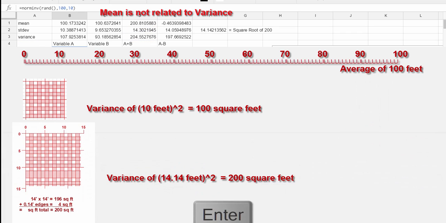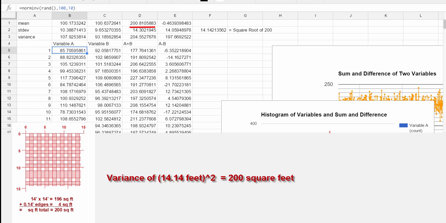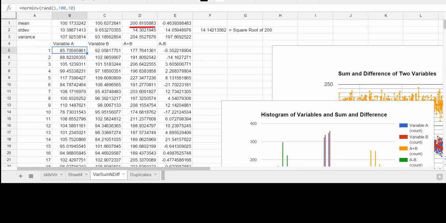Similarly, the value of 200 for the sum of the 2 variances is really 200 square units, which gives a square root of roughly 14 linear units. And that's very different from 200 units in the average for the sum.